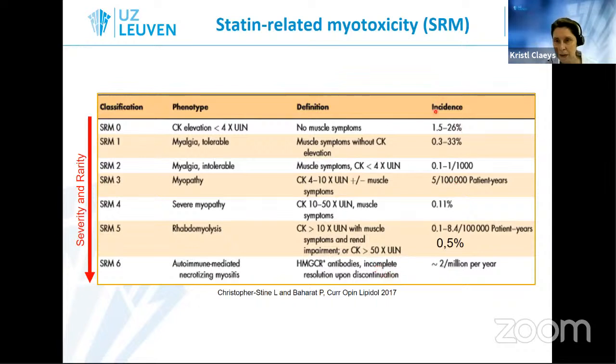So incidences are very variable in the literature, between publications, but we know that types 1, 2, 3 are more frequent than types 5 and 6. Now we will consider types 1 to 5 together because these SRMs are self-limiting, and we will put them against SRM6, which is not self-limiting.